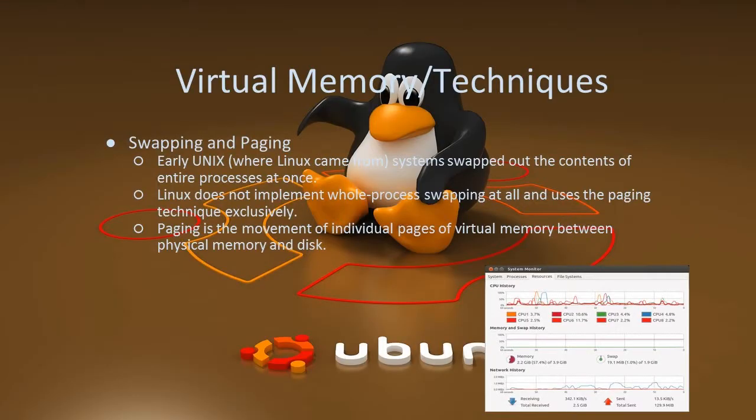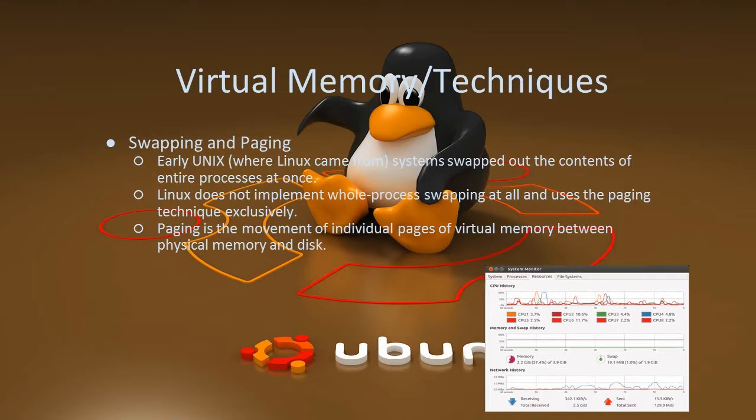Okay, so some more on virtual memory and techniques, particularly swapping and paging. Early Unix systems swapped out the contents of entire processes at once, and Linux does not implement whole process swapping at all and uses the paging technique exclusively. And a refresher on paging: it's the movement of individual pages of virtual memory between physical memory and disk.